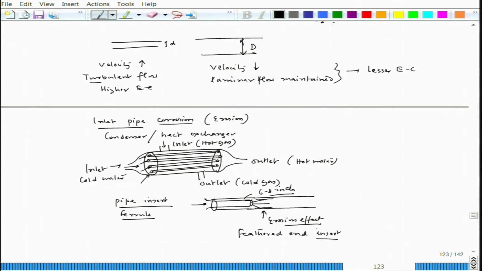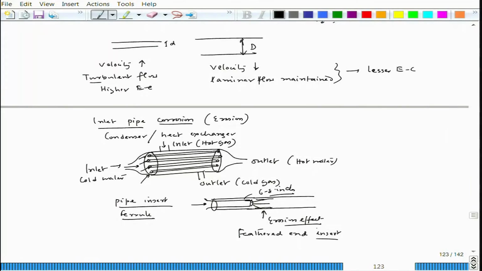The effect would be very, very low and in fact almost negligible. Now, the entire erosion corrosion would be taken by the ferrule. If you could see that there is a huge erosion corrosion effect on that ferrule and it is trying to affect the main pipe, we can take out the ferrule and replace it with another fresh ferrule.